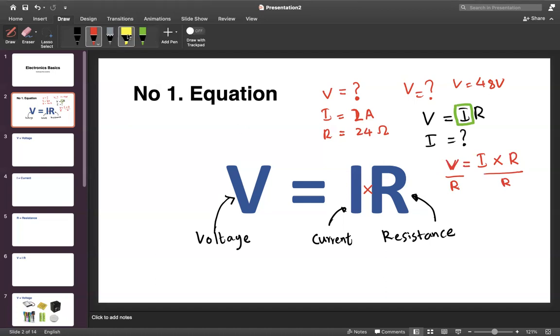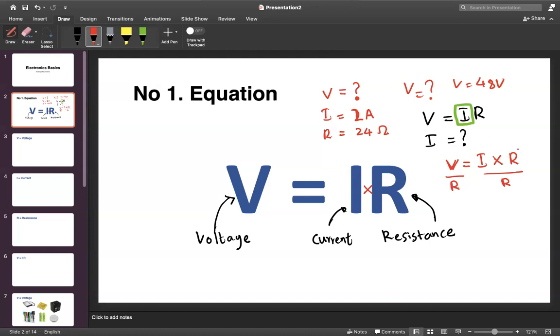Now what happens? What happens to this side? Now this is also R and this is also R. So R is divided by R. What is the answer here? 1.